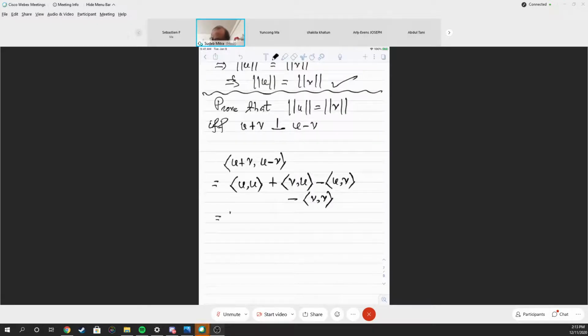So that is norm of U squared, but this cancels out, minus norm of V squared. Okay, now it's so simple.